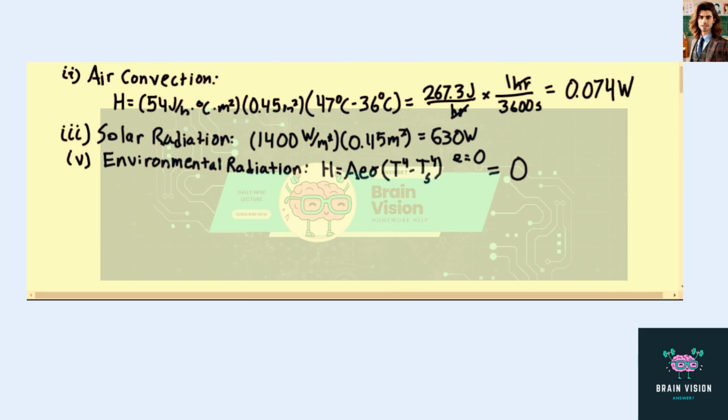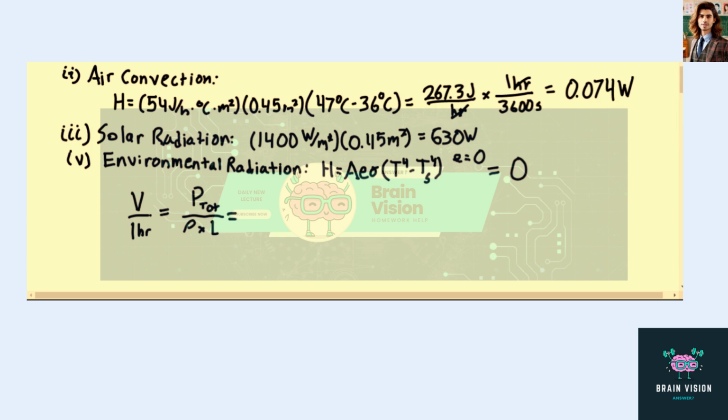Once again, to find the volume of perspiration the person must emit every hour, we'll need to take the total power, P total, which we just get by adding all those heat rates together, divided by the density of water times the latent heat.